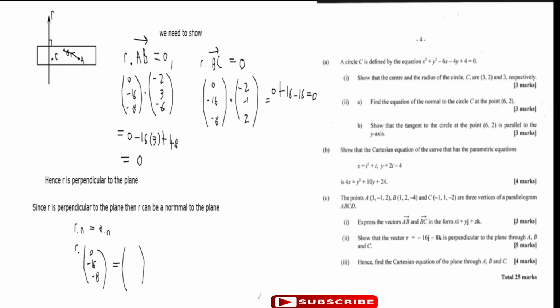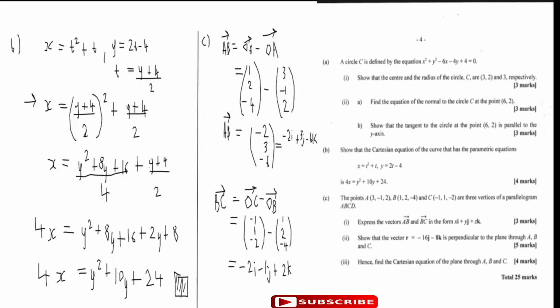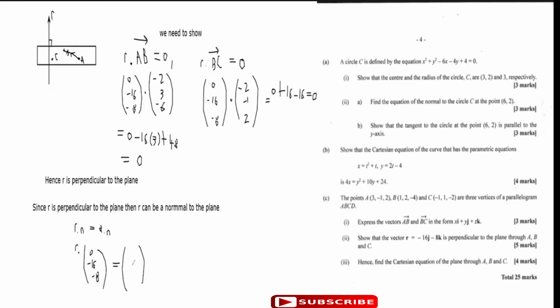You can use any one of the 3 points on the plane, point A, point B, or point C. Let's say you want to use point B, 1, 2, minus 4, dot n, and n is 0, minus 16, minus 8. Working out this dot product, we're going to get 0 minus 32 plus 32, which is equal to 0.